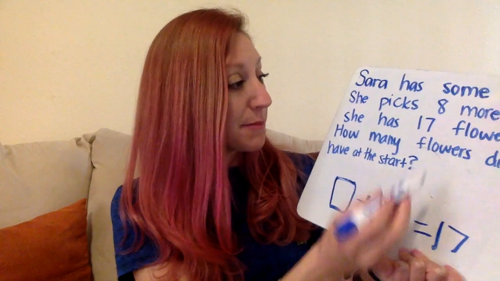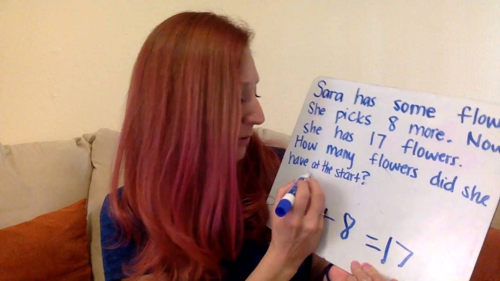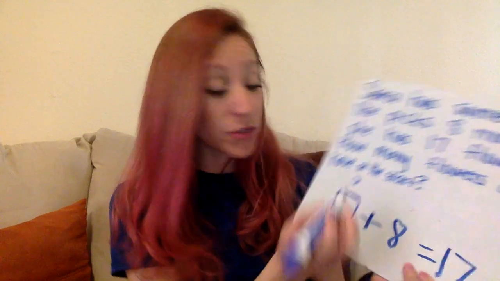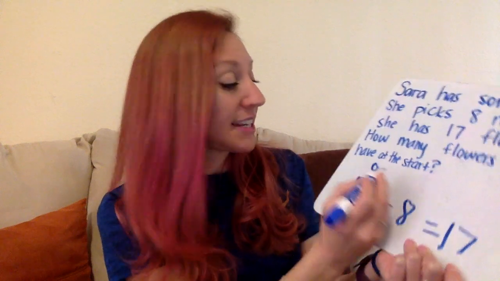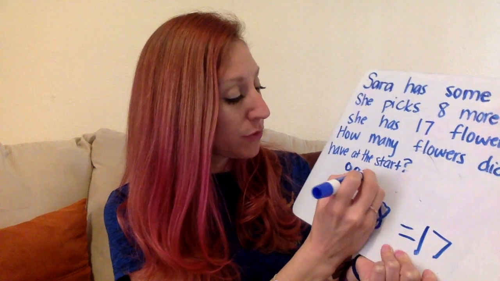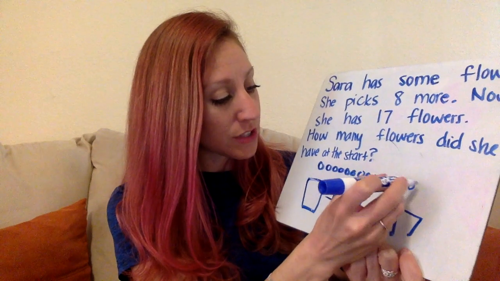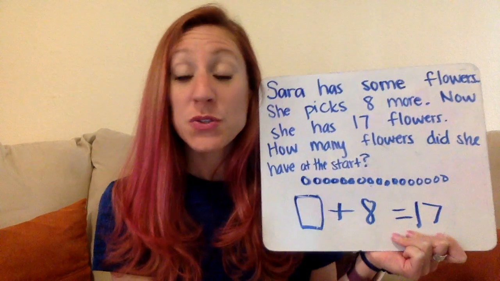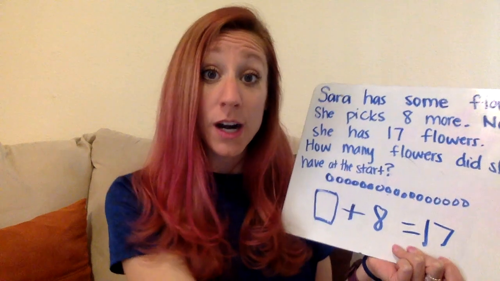So I'm going to start with my picture. I'm going to start my picture with all 17 flowers. As usual, I'm just drawing circles. I'm not drawing flowers because that takes a while and it might get complicated. Circles are an easy representation. So 1, 2, 3, 4, 5, 6, 7, 8, 9, 10, 11, 12, 13, 14, 15, 16, 17. There are my 17 flowers. And I know that she picked 8 more after the start.